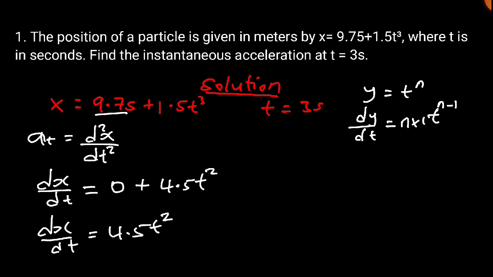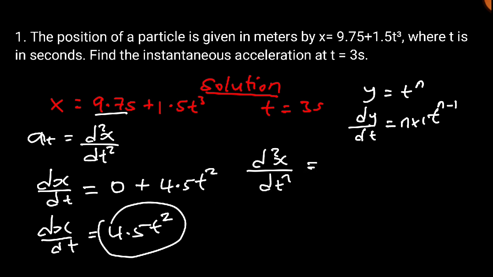So let's find the second derivative. The second derivative, d squared x over dt squared, is equal to, we differentiate this now. So 2 times 4.5 is equal to 9, then 2 minus 1 is equal to 1.